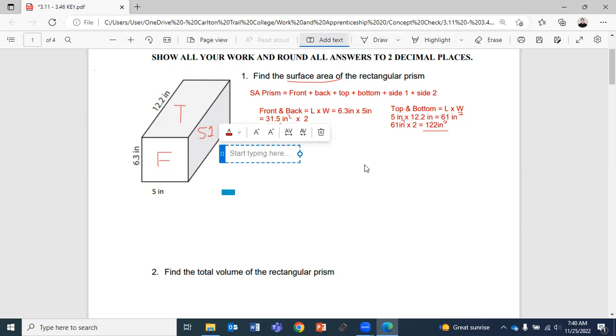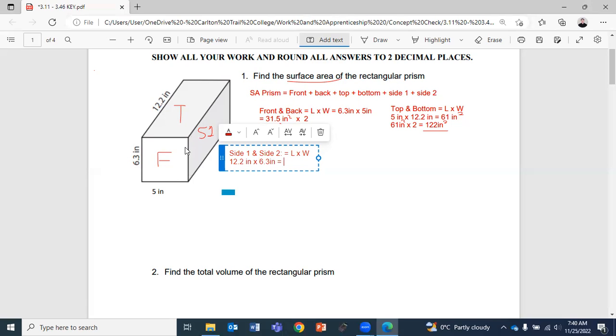Okay, now I just need to do side 1 and side 2, right? Same thing. It's a rectangle, so length times width. The length of this line here is 12.2 inches, and then I'm timesing it by the height of that one, the width of it, which is going to be 6.3 inches.